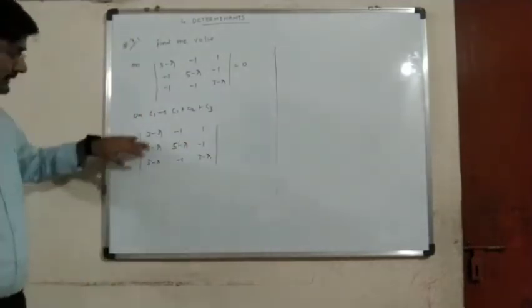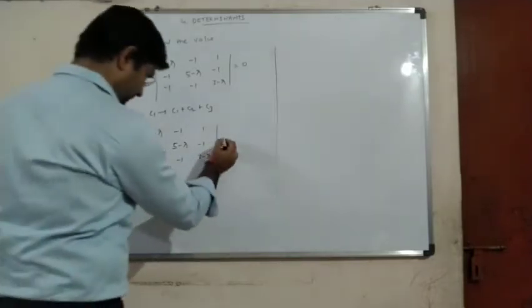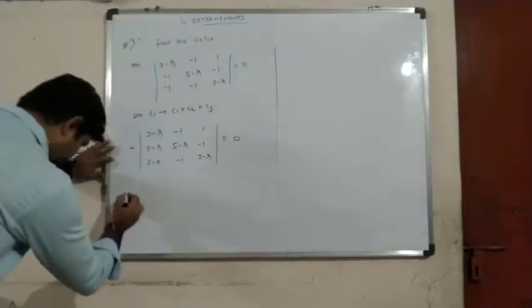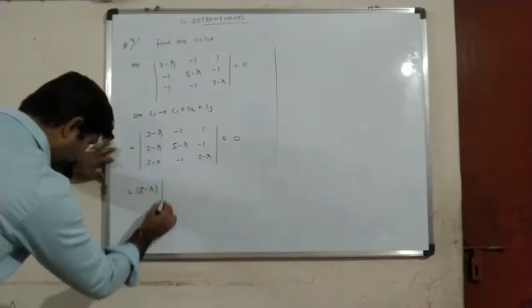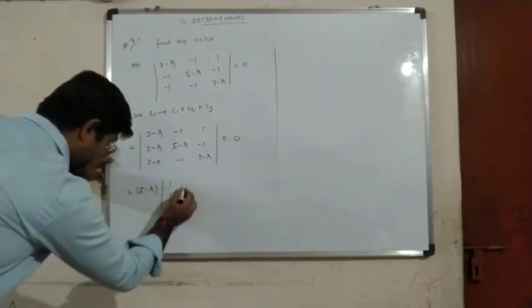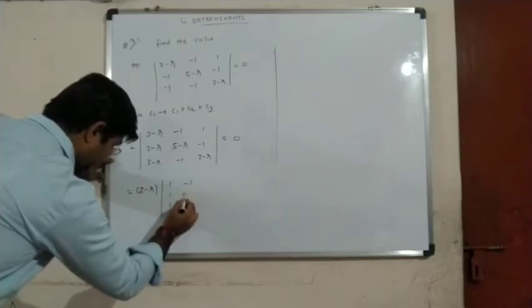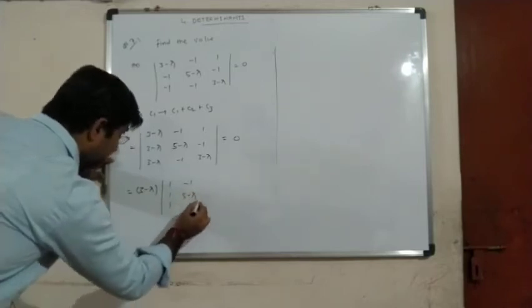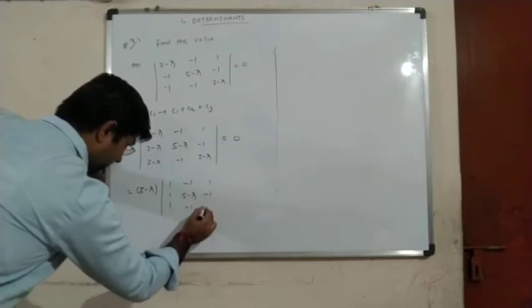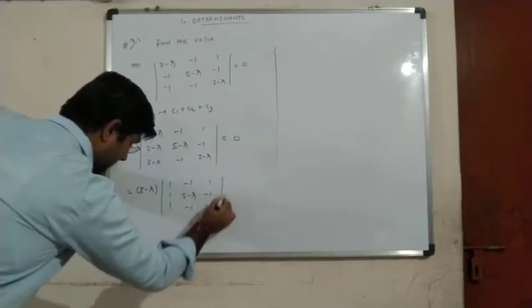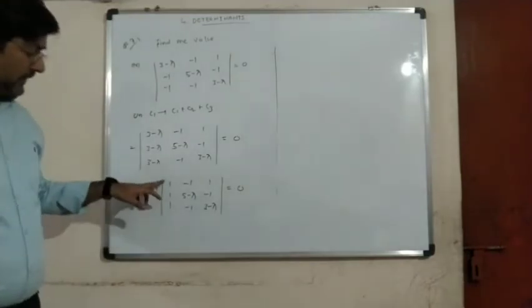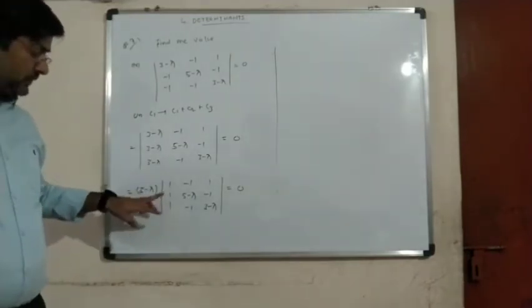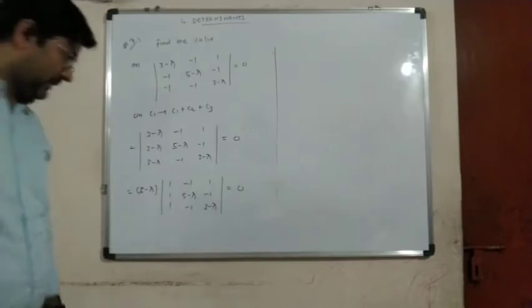Okay, we can take 3 minus lambda common from the first column. Now we are left with 1, 1, 1, minus 1, 5 minus lambda, minus 1, 1, minus 1 and 3 minus lambda.